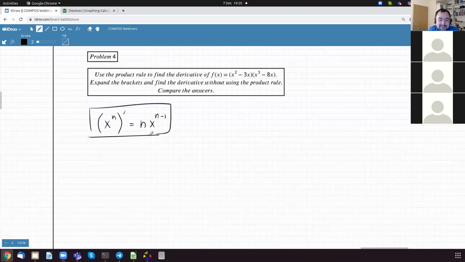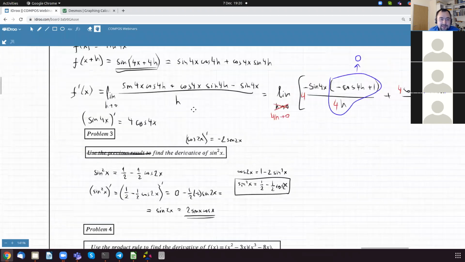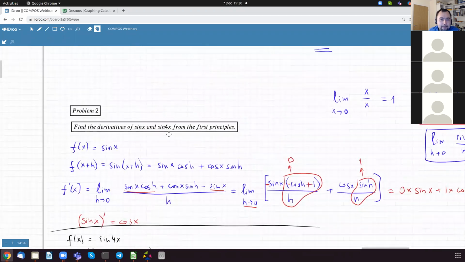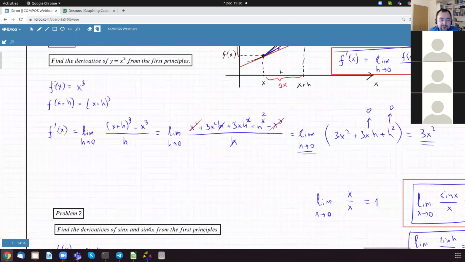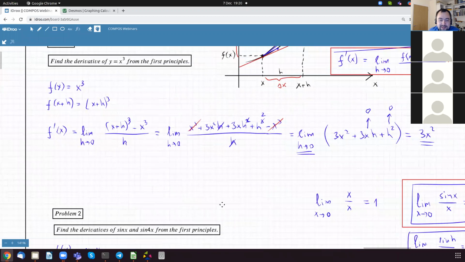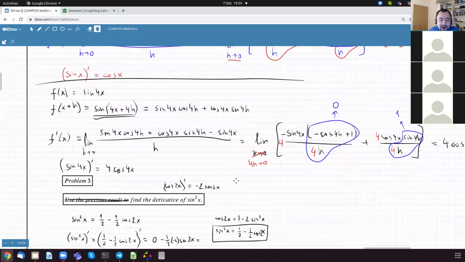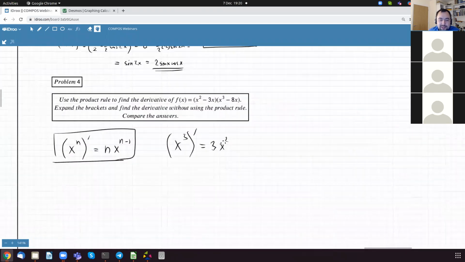I've said it. So for example, the derivative of x cubed is going to be 3x to the power 3 minus 2, which is squared, which is exactly what we got in the first question. 3x squared. The derivative of x cubed is 3x squared. It's how fast the function is changing.